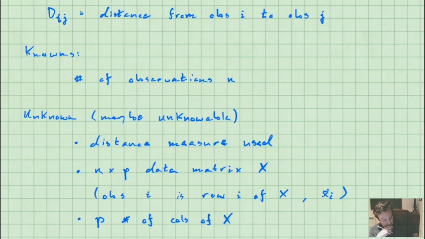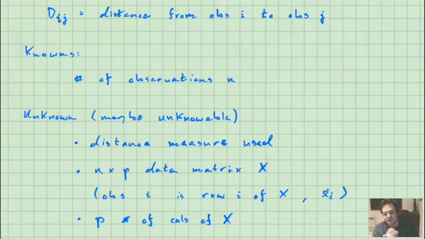I think this is a point in the content where students sometimes get a little bit confused, but it can certainly be the case that nobody knows these things, that the distance matrix came to be in a way that there never was a data matrix X that it came from.